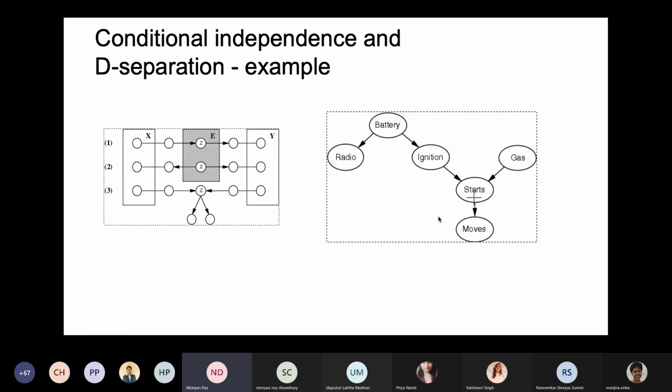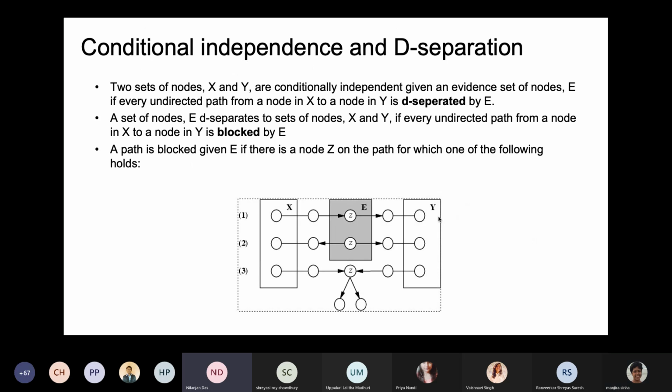Ma'am, if it is undirected, then why is the direction being considered at Z? Okay, so basically in our actual implementation, when we are implementing Bayesian nets, they are directed acyclic graphs. So directions will be there specifying two different kinds of network constructions.